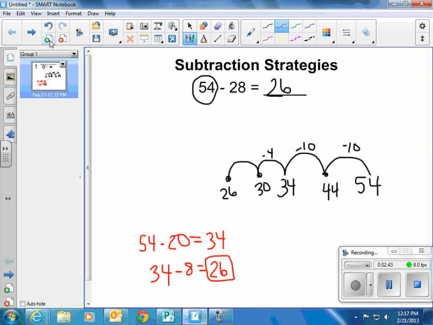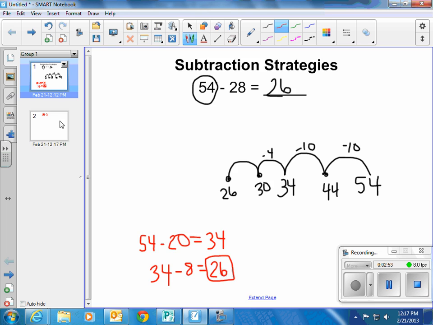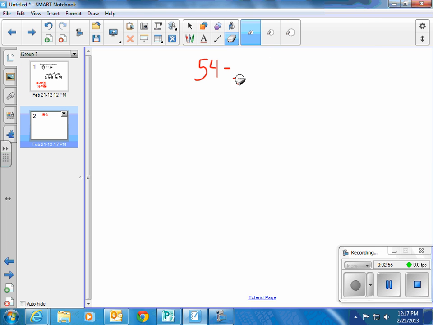If you want to count up or count on, I can take the same problem, 54 minus 28, excuse me, and instead of starting with the 54, this time I'm going to start with the 28.